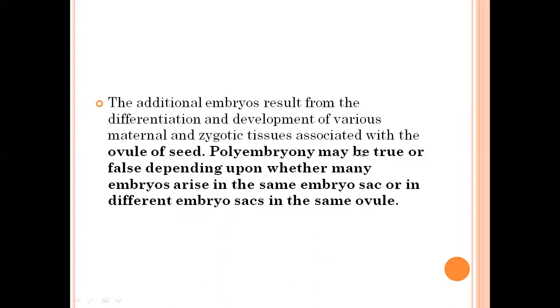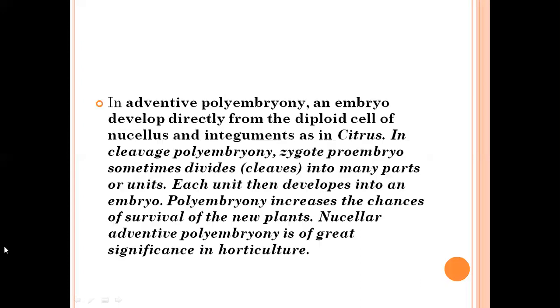Polyembryony may be true or false depending upon whether many embryos arise in the same embryo sac, then it is true, or in different embryo sacs of the same ovule, then it is false polyembryony.